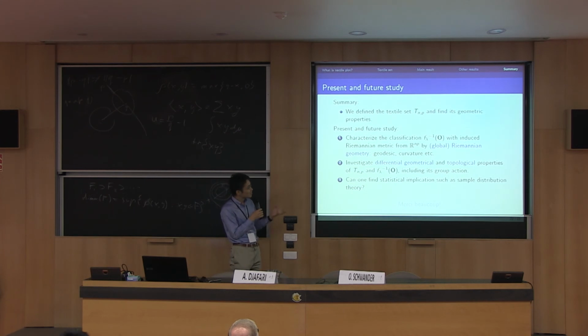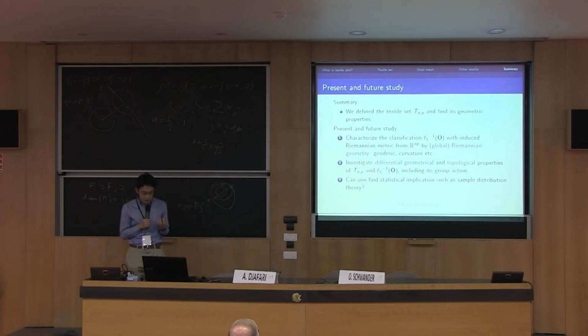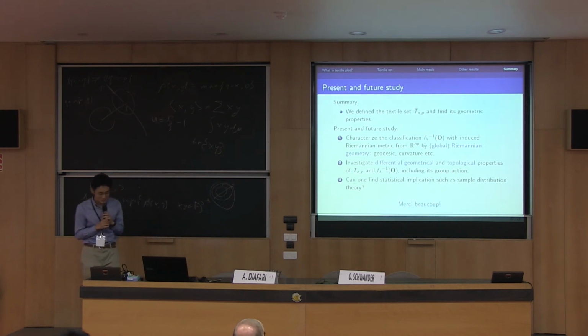First, characterize the classification with the induced Riemannian metric from Riemannian geometry, geodesics, curvature, and so on. The second one, to investigate differential geometrical and topological properties. And finally, can one find statistical implications such as the sample distribution theory and so on? That's all. Thank you very much. Merci beaucoup.